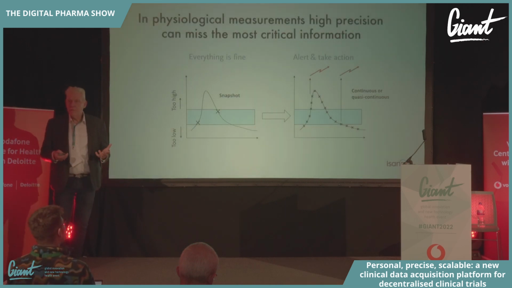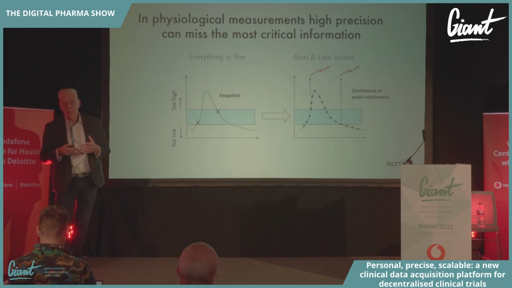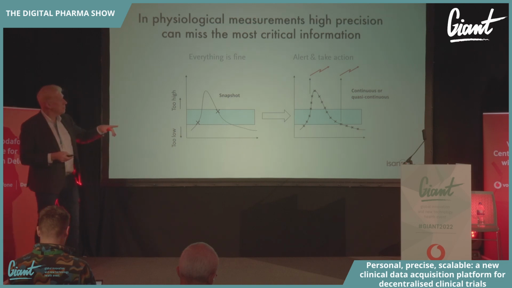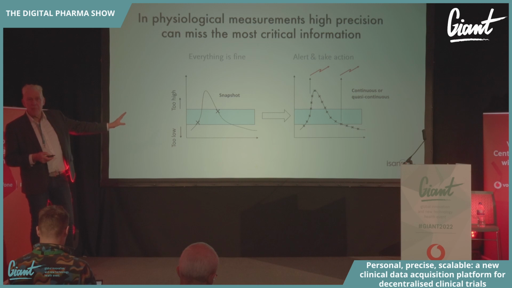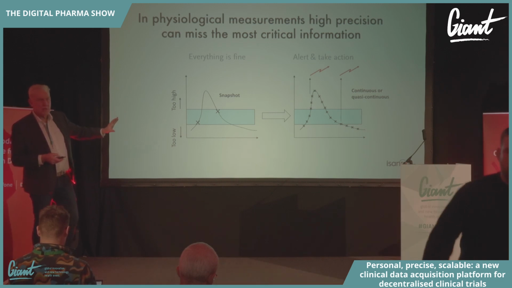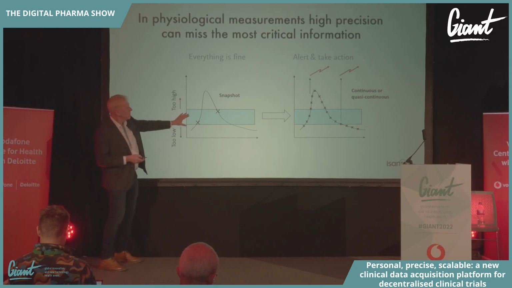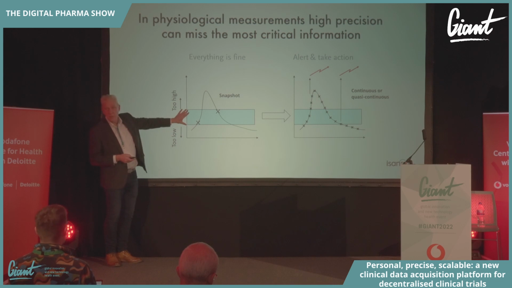In any kind of physiology, it's very, very personal and not necessarily very precise. So this is just an example of where taking precise measurements may give you a totally incorrect view of what is going on. So here is the safe zone.